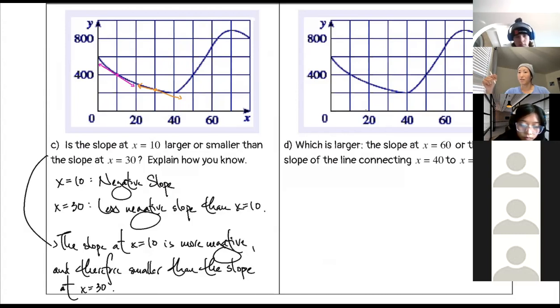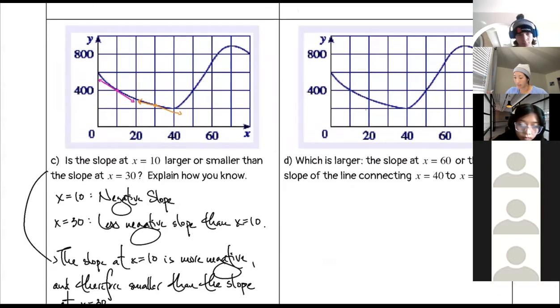All right. Let's talk through D real quick, because I know there were some other questions on that. That conversation might go a little bit smoother now that we've seen part C. But in part D, the question says this: which is larger, the slope at x equals 60 or the slope of the line connecting 40 to 80? Let's take a look at my artwork here.